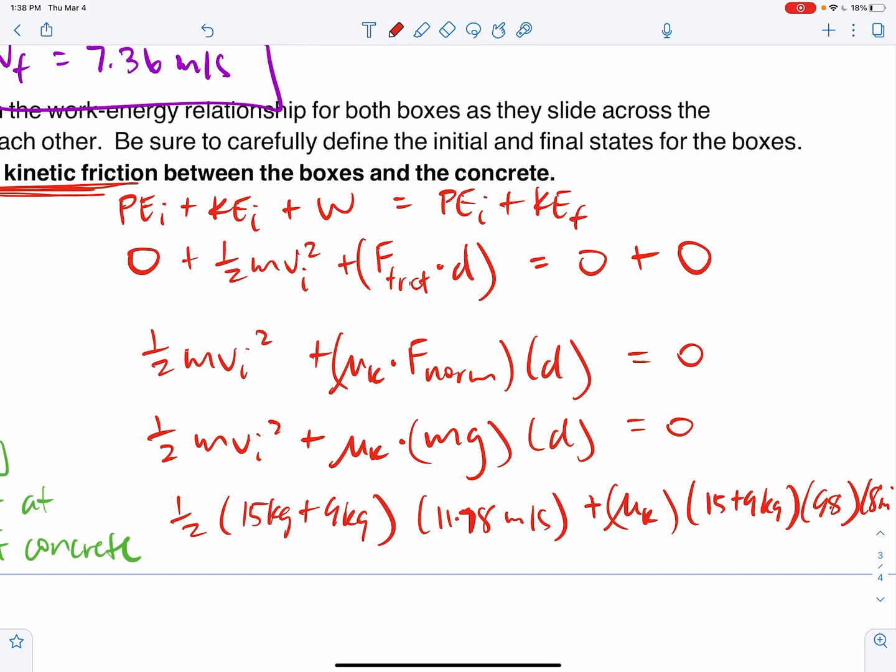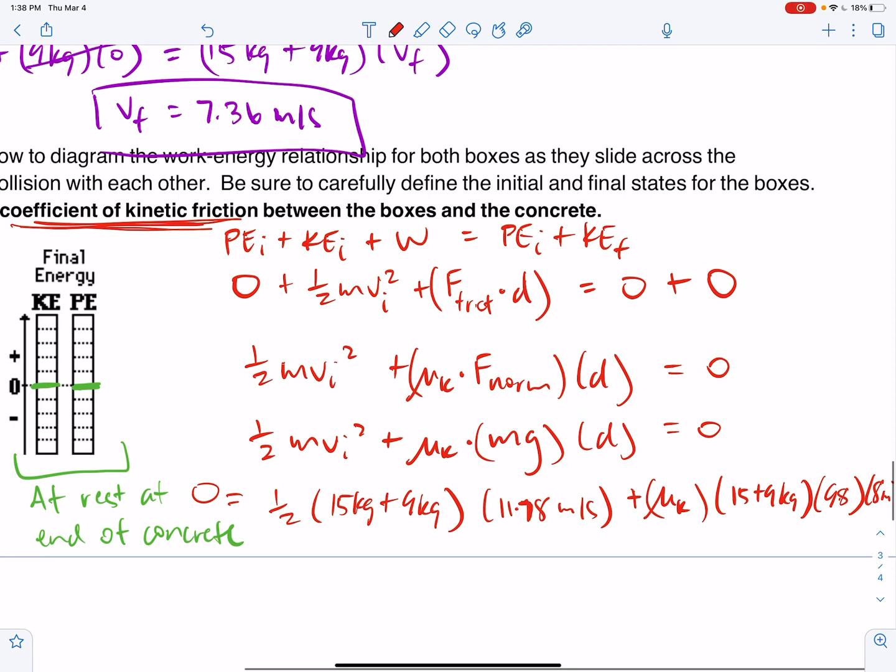And I'm going to set that equal to 0. All right, if I do the algebra, I get that the coefficient of kinetic friction is going to be equal to 0.345.